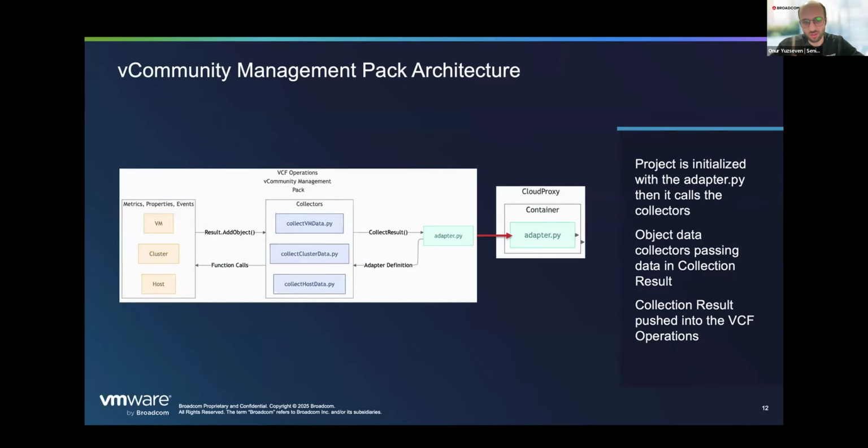The adapter just calls our collectors that we defined per object type. And all of these collectors just call the related metrics, properties, or event functions. Once the collectors have been initialized, we will have the entire collection result, and the adapter will just send the whole result into VCF Operations.